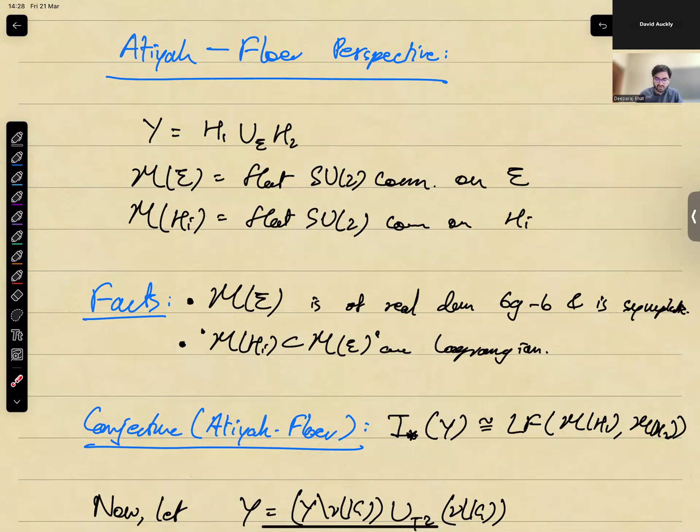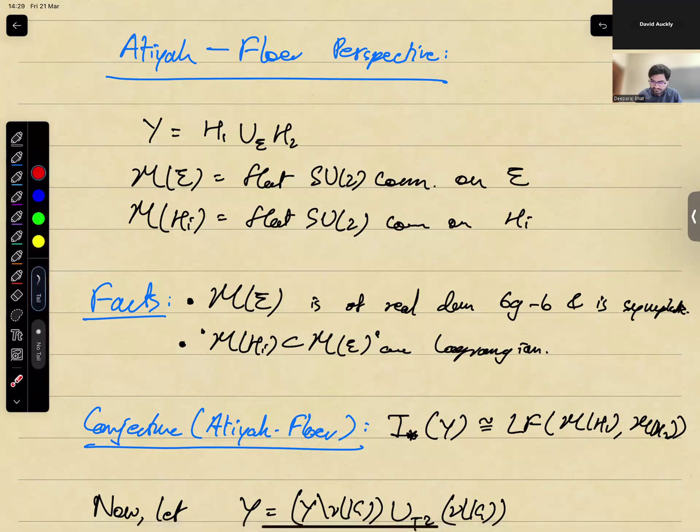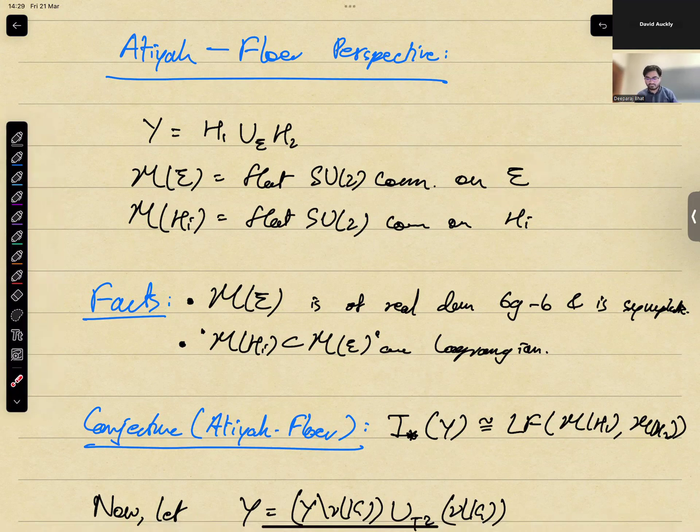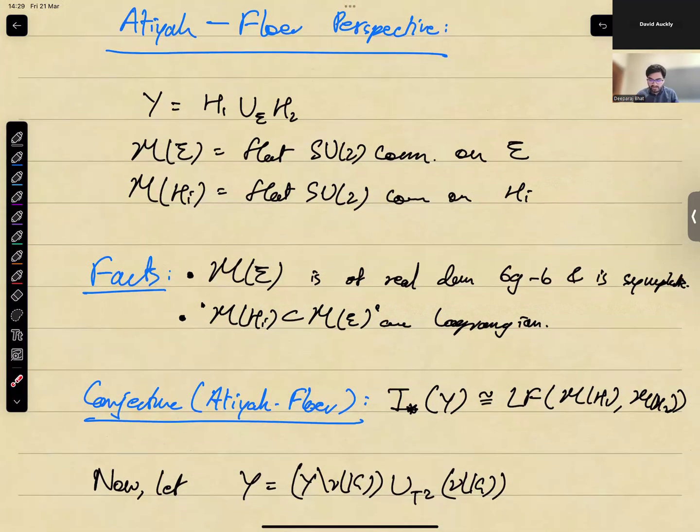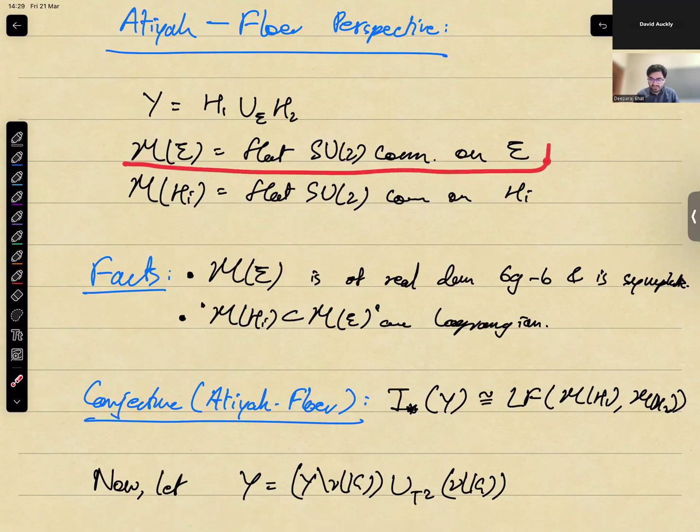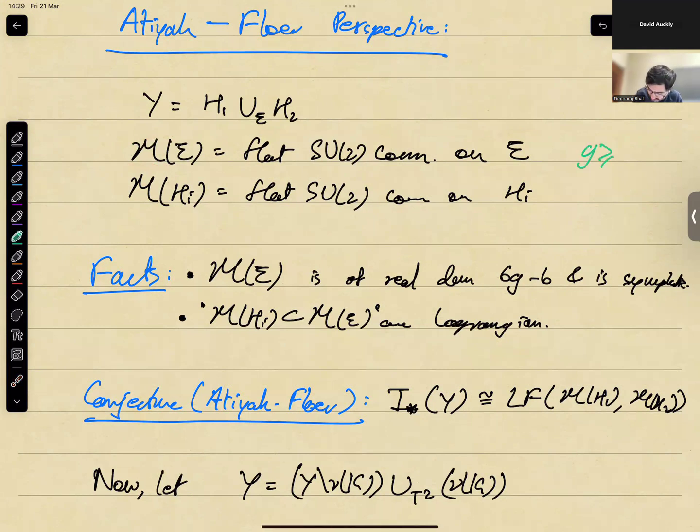And we look at the moduli of flat SU(2) connections on your surface and on your handlebodies. Just some facts: this is a symplectic manifold of real dimension 6g minus 6. You need g greater than or equal to 2 here.